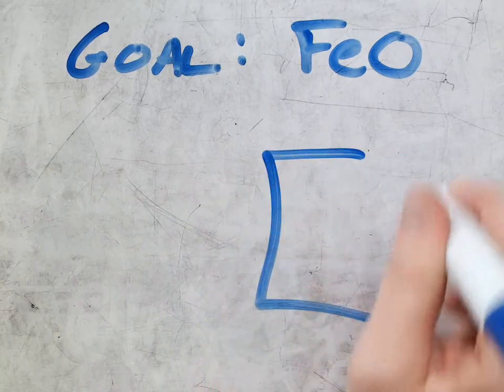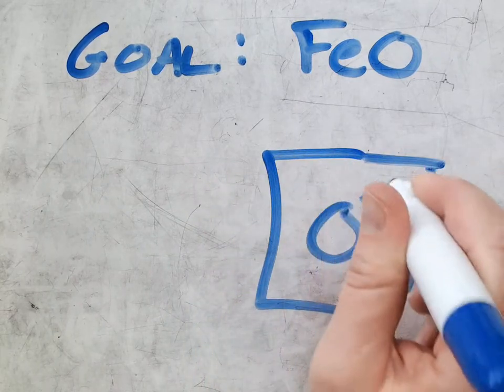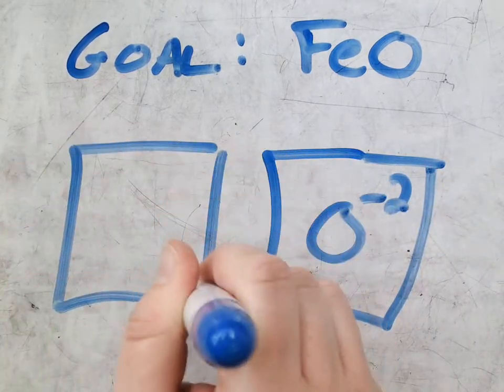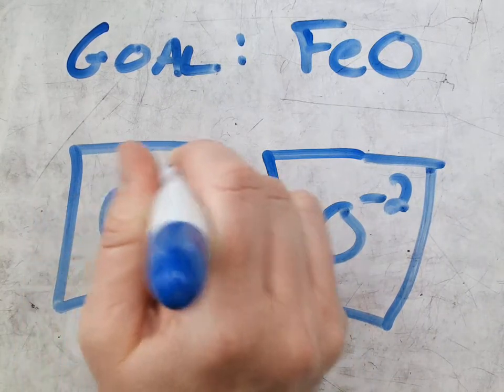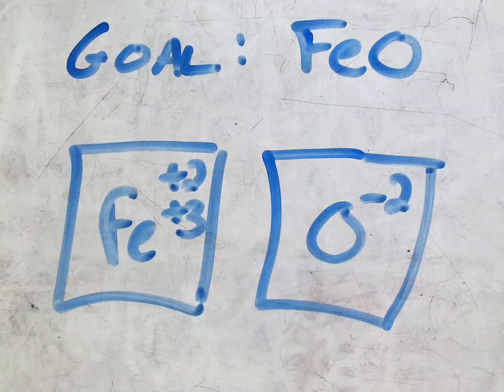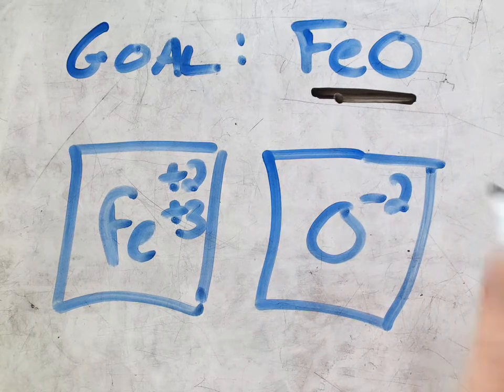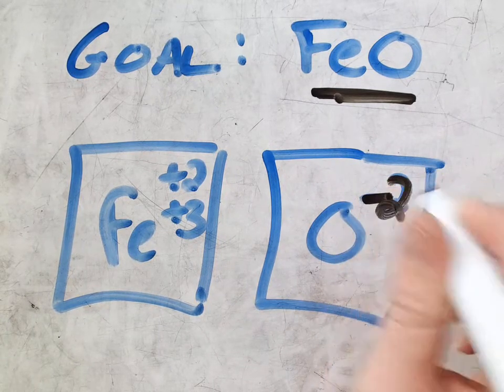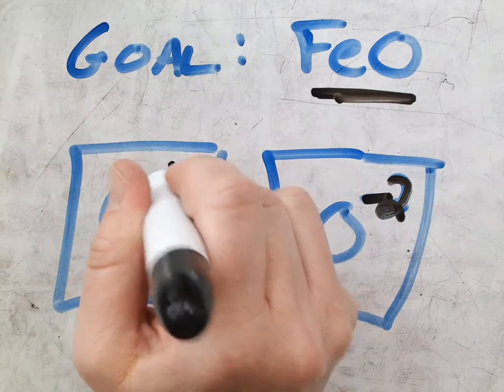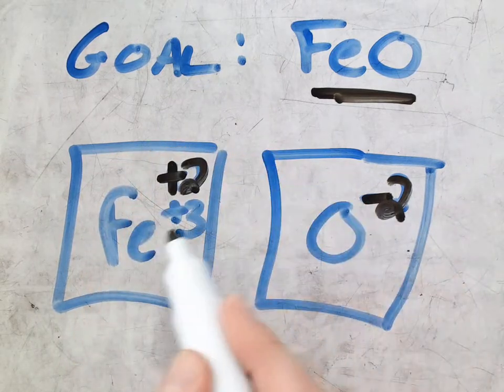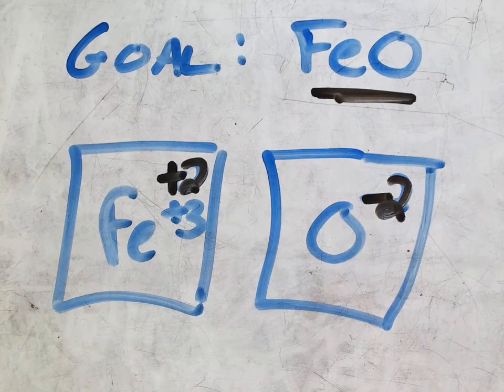So I think this one sort of solves itself, right? They are bonded in a 1-to-1 ratio. So if oxygen is a -2 ion oxide, the iron here has to be the 2.